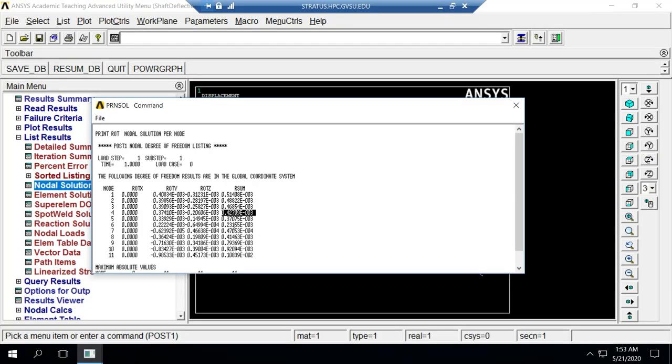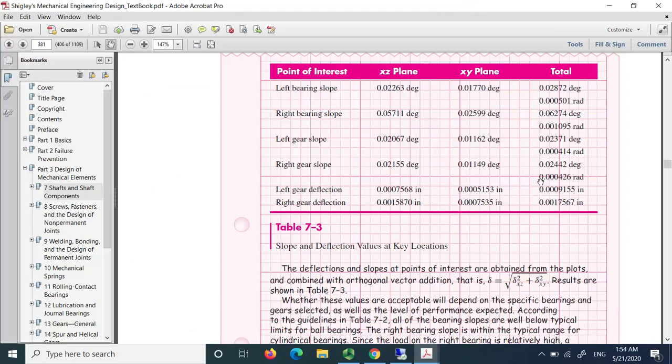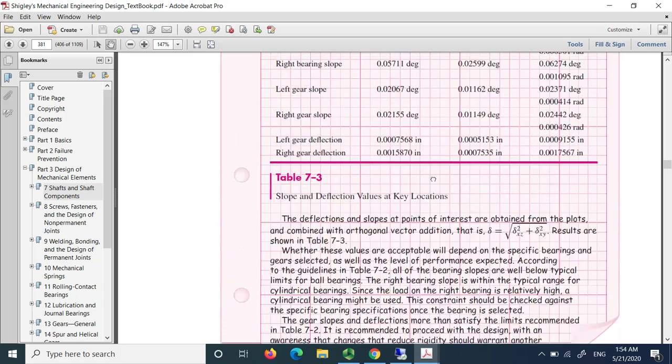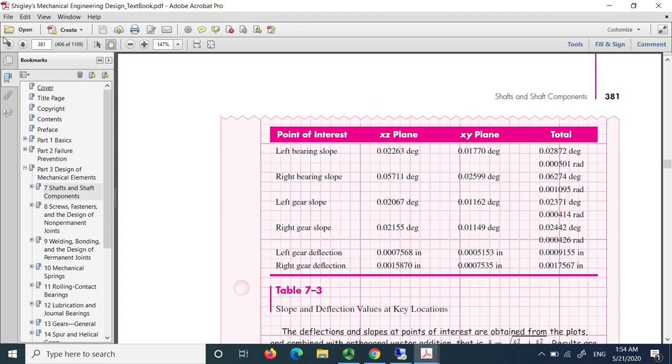I had 0.000427, but they are very close. For node 8, I have the same thing, 0.0041, and he has 0.00042. So you see that my results are pretty much very close to what the book has.